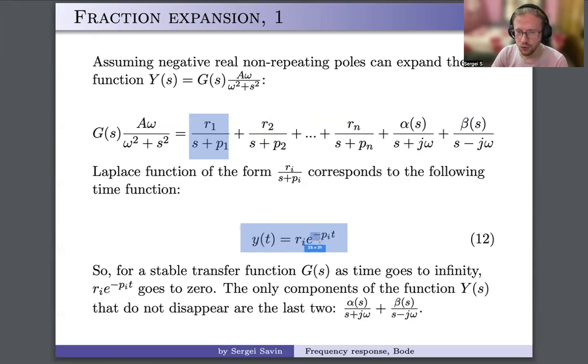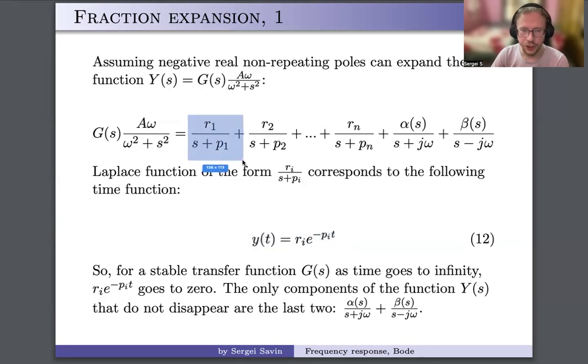Then there wouldn't be a minus in the formula, right? I did this so p1, p2 would be exactly equal to the poles of the system, so to the eigenvalues. The way this is done here, p1, p2, p3, etc., would be equal to minus the eigenvalues. So each of them would be the same as an eigenvalue or a pole of the system, but with a minus sign. But everything else is the same.